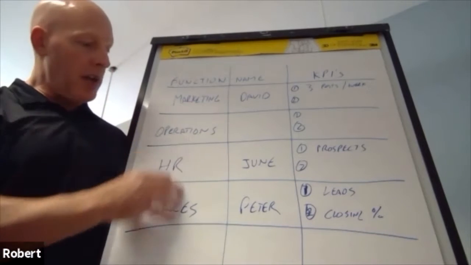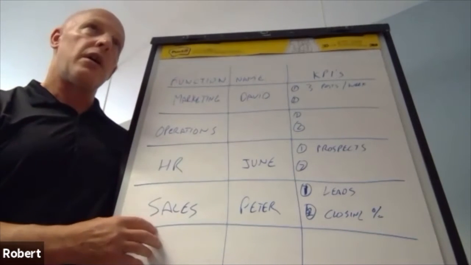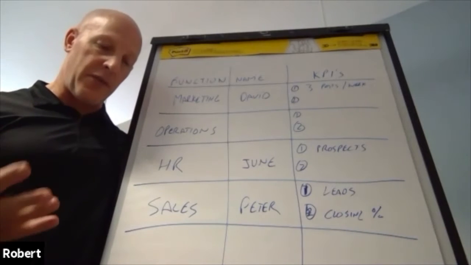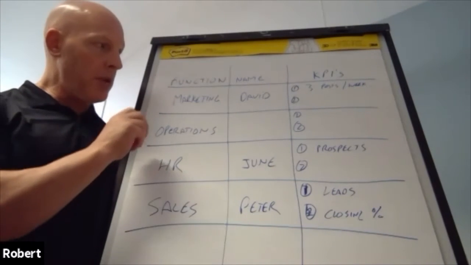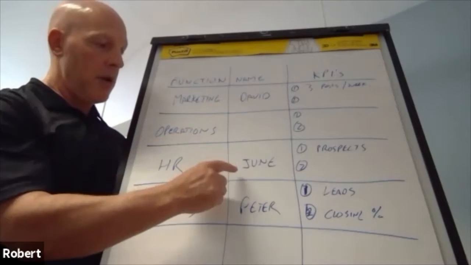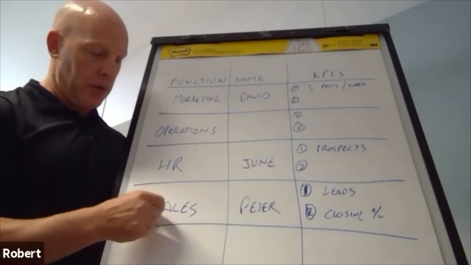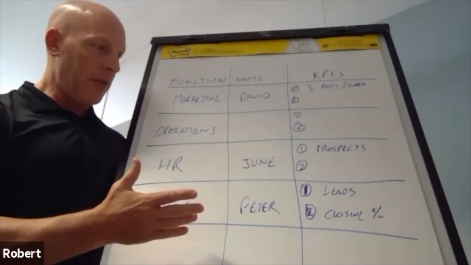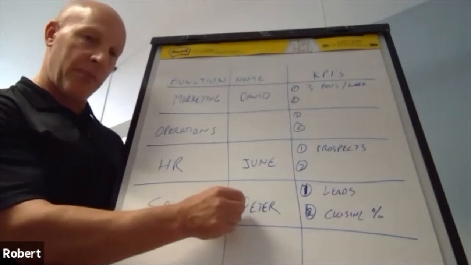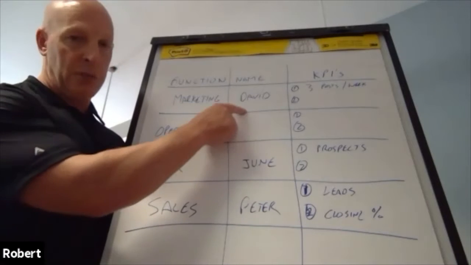Once you get that established, you think, well, who owns each function? It's actually an interesting exercise if you do this amongst your leadership team, because once they put down the individual name of who they feel owns that function, sometimes you'll find you have an issue because people are putting different names within these boxes.